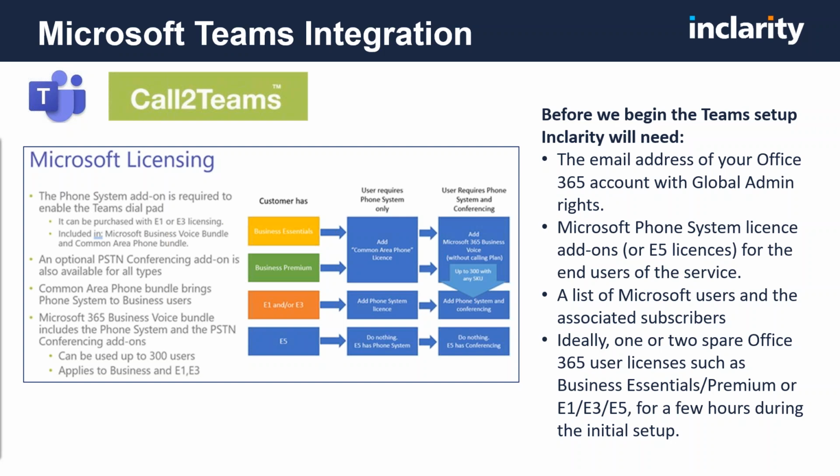Not much difference between those. It says "and conferencing" within this license structure, as you can see. But as you're all aware, we already provide conference bridge solutions, which you can add on to subscribers as and when you need on a monthly basis.